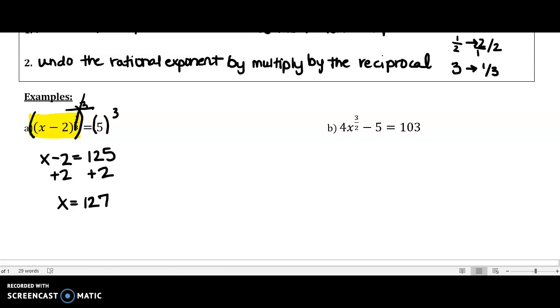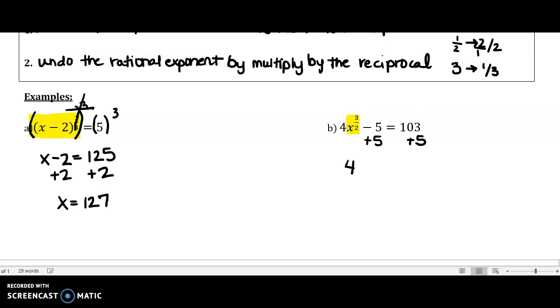For B, what's raised to the rational exponent? It's just the x to the 3/2 power. That 4 is not included, so that's going to have to go. The minus 5 is also going to have to go. We start with our addition and subtraction, so the minus 5 is going to be undone first. So I add 5 to both sides.